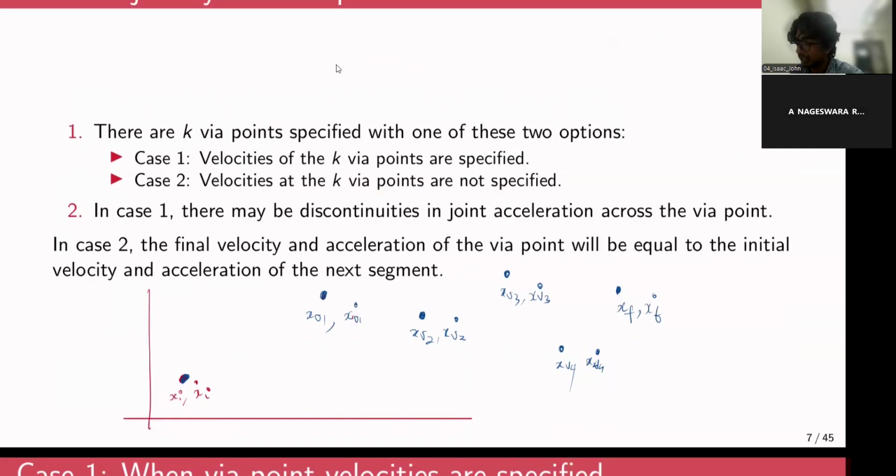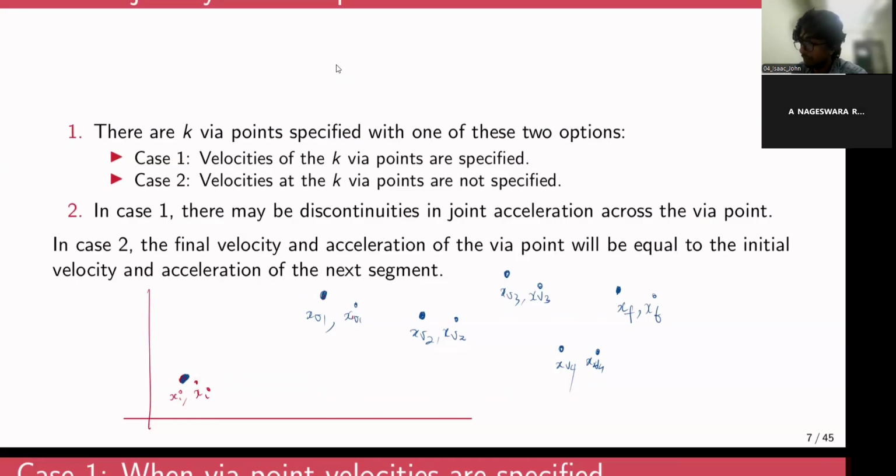When the via point velocities are specified, but in the case where velocities are not specified, what we basically do is we consider the final velocity of the first segment to be the initial velocity of the second segment, and final velocity of the second segment would be considered as the initial velocity of the third segment, so on and so forth. We'll enforce additional constraints so that it will be interconnected, right?